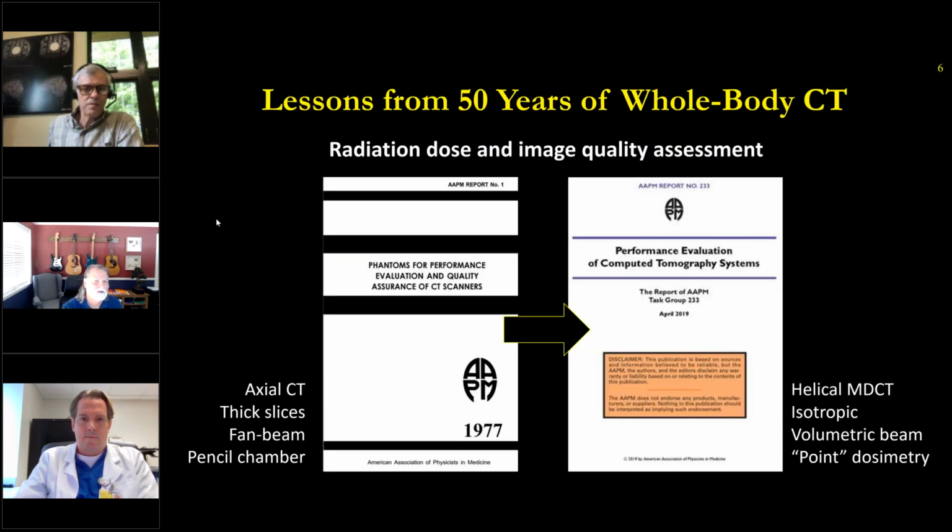So, lessons from the 50 years of whole body CT. Of course, we benefit from those lessons, but we go back to the early days of the AAPM, the American Association of Physicists in Medicine, that Jeff and I, and to some extent Josh, are involved with.